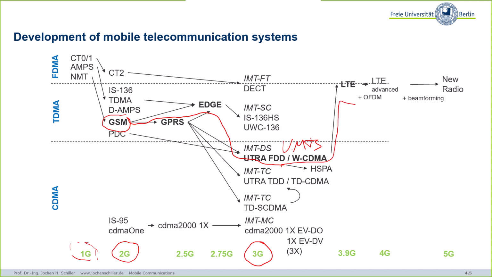LTE, by the way, exactly today, 10 years ago, we had the first licenses, the first frequencies for LTE in Germany, 20th of May 2010, and then the first network started something like August 2010. And we will end in this chapter with LTE, and then do an outlook, everything that's around 5G, 6G, what are the ideas there. So that's roughly where we go through.